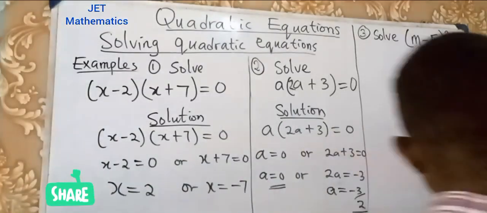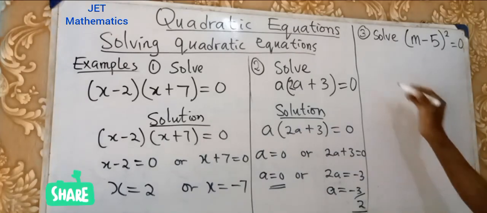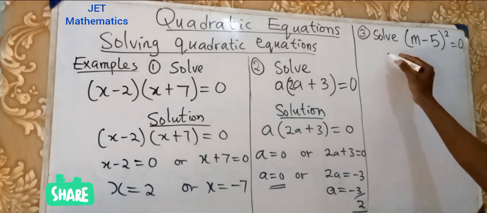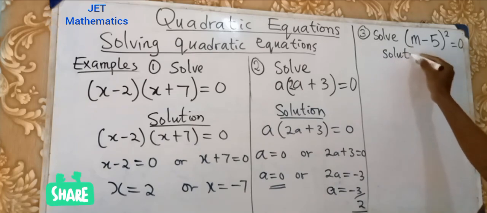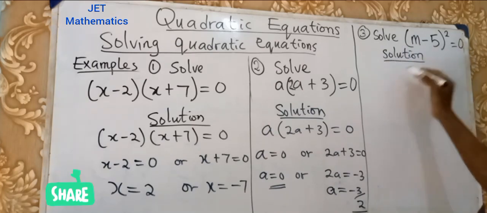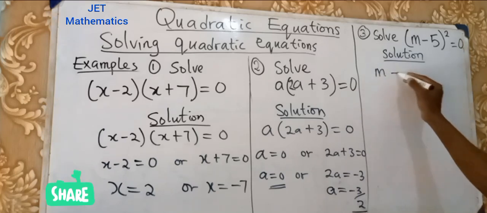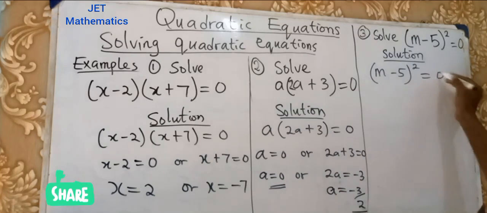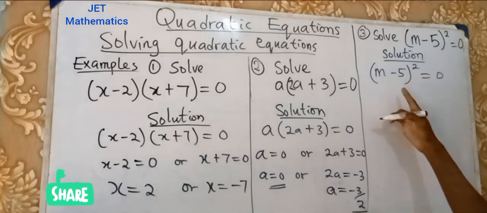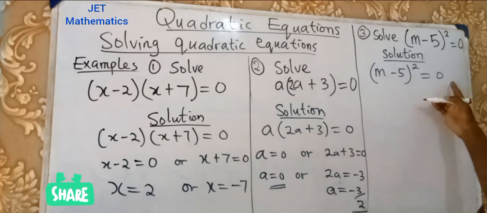Okay, so in the last example we have here, we are going to solve for m. So we have (m minus 5) raised to power 2 is equal to 0. (m minus 5) squared is equal to 0.